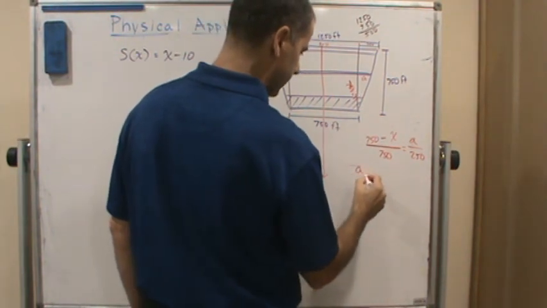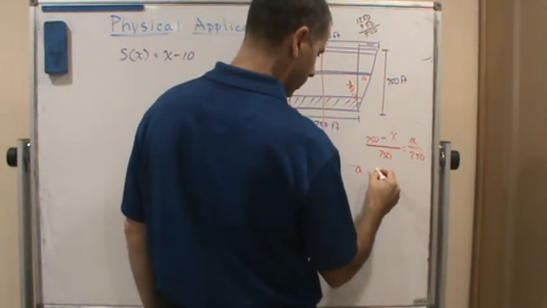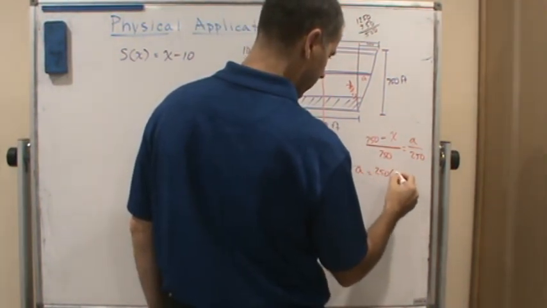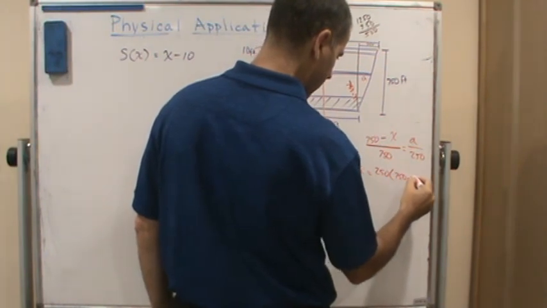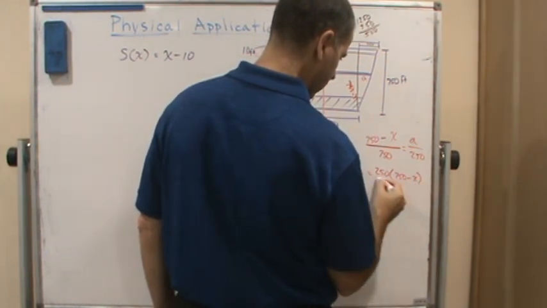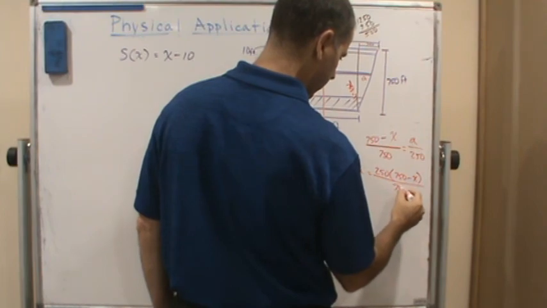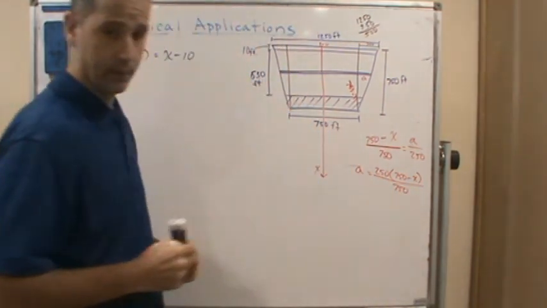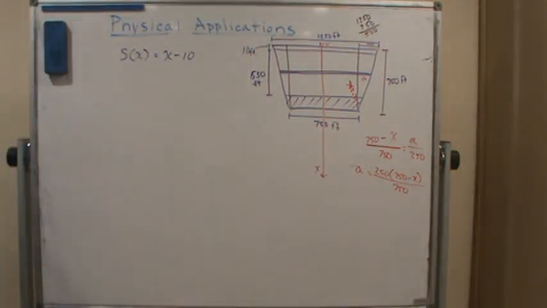And so that tells us that a is going to equal 250 times 750 minus x over 750. Okay? So far so good?